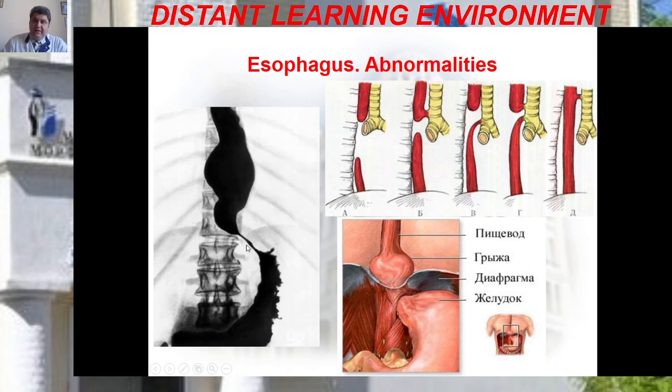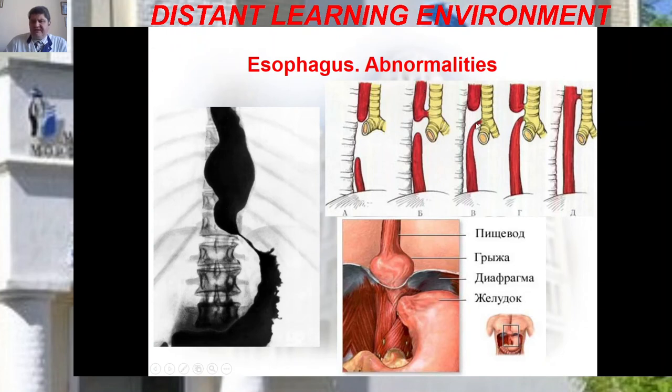You may see on this X-ray investigation this stricture of the esophagus. Also on this picture you may see the connection between atresia of the esophagus and the trachea. This is called tracheoesophageal stoma.